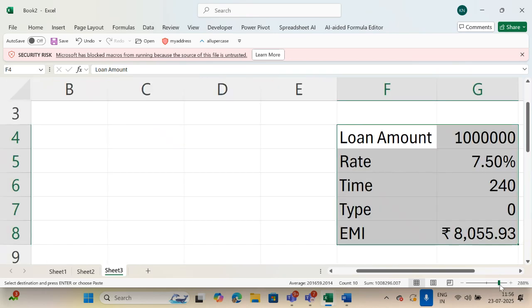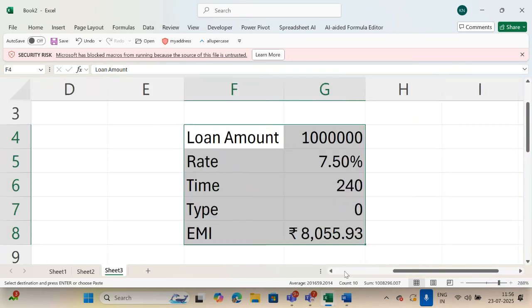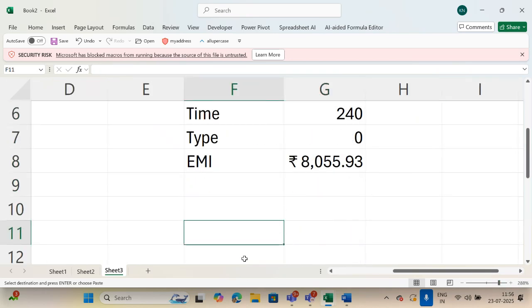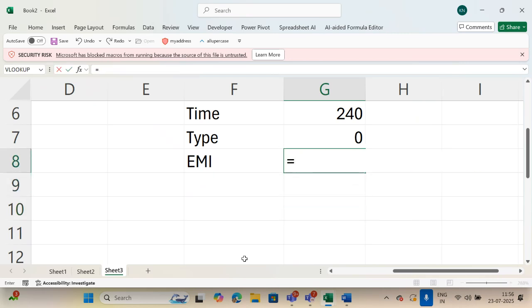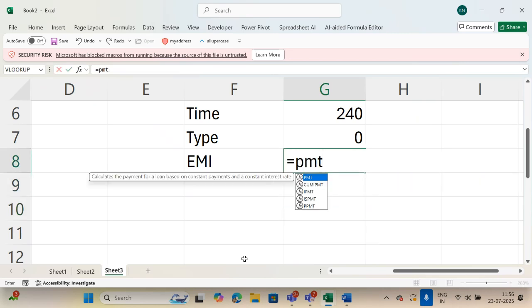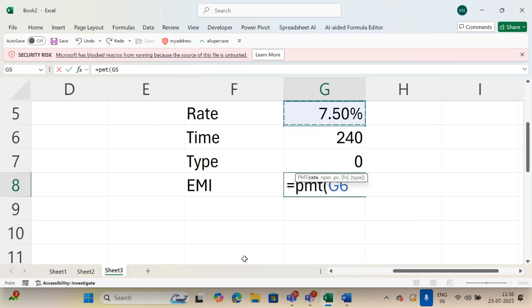Okay. See, now I want the interest. First of all, I want the EMI. To calculate the EMI, there is a function that is PMT. First of all, this is the rate, divided by 12. Why is it divided by 12? Because it is an annual rate. If you have the half yearly rate, then divide by 6. Comma.